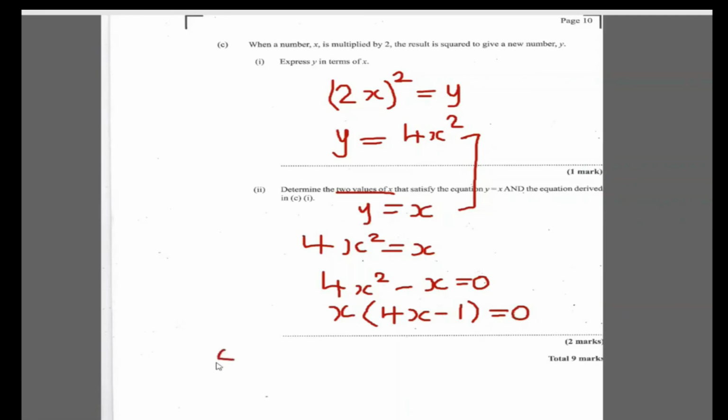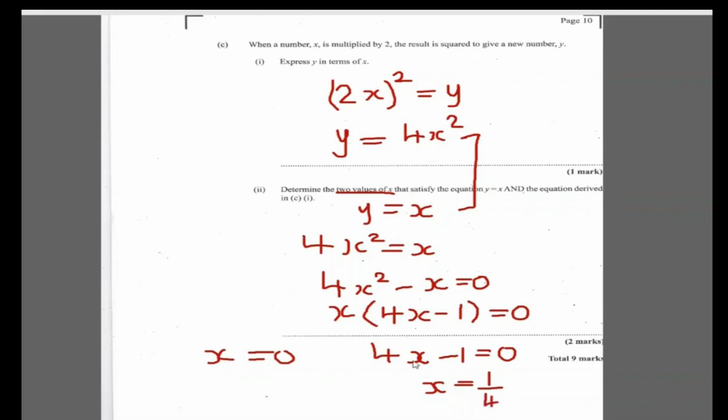So the possible solutions for x are x can be equal to 0 or 4x minus 1 is equal to 0. And if 4x minus 1 is equal to 0, then x must be a quarter, because 4 times a quarter is 1. So x has to be a quarter.